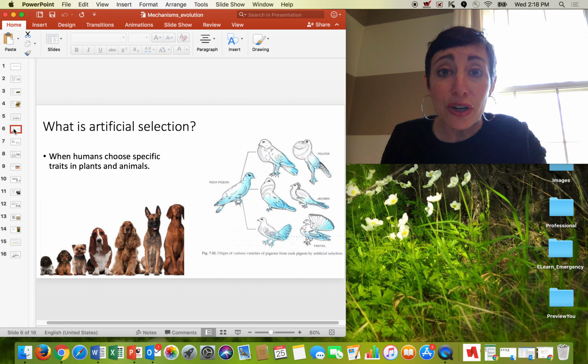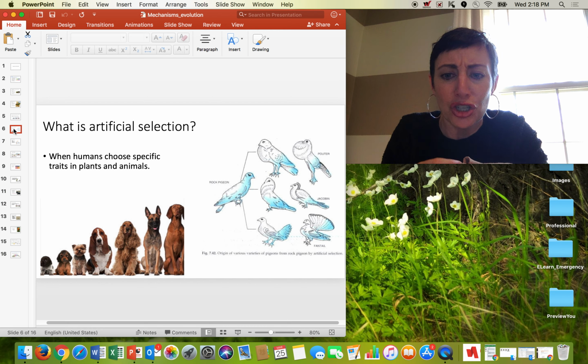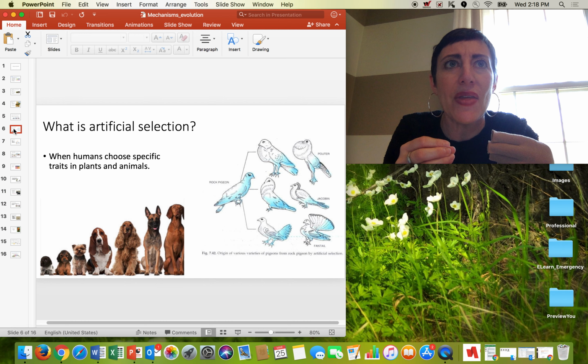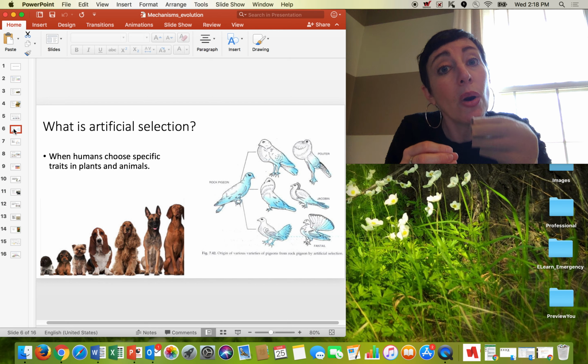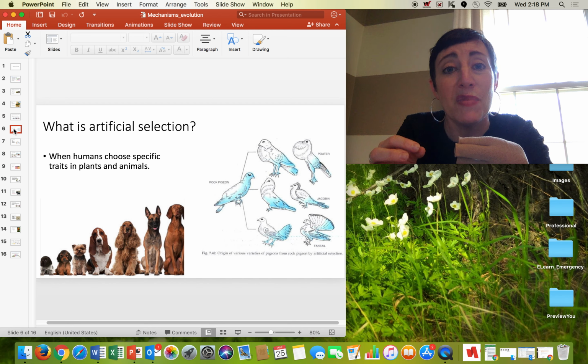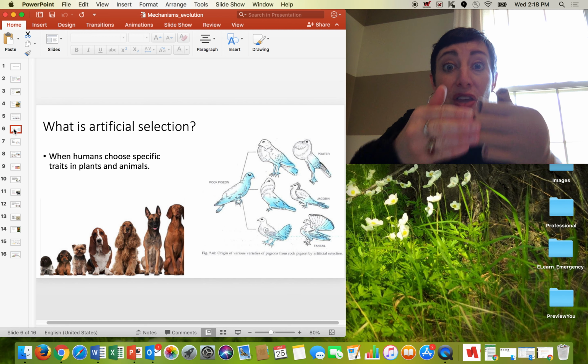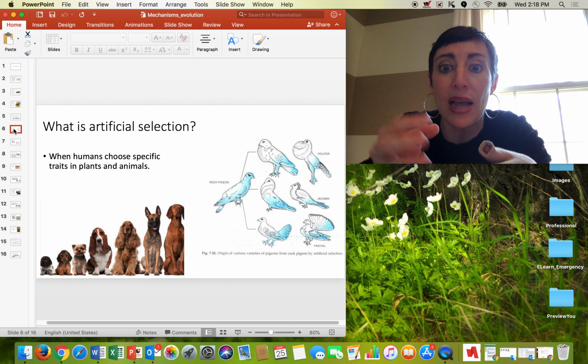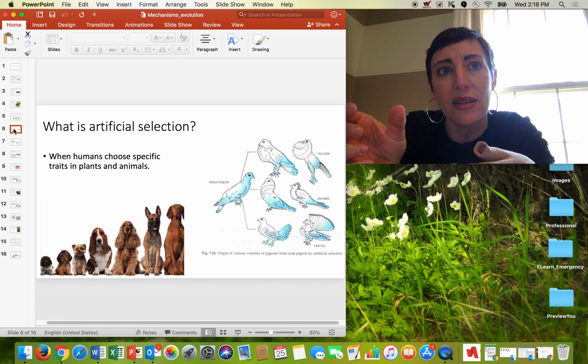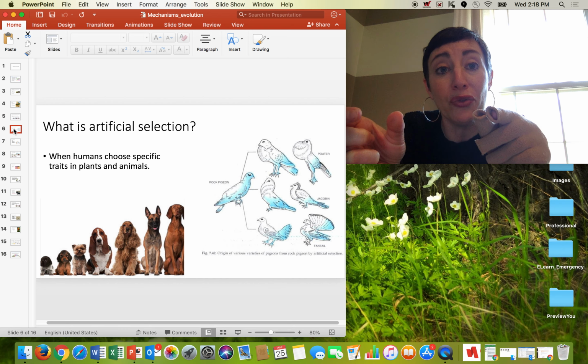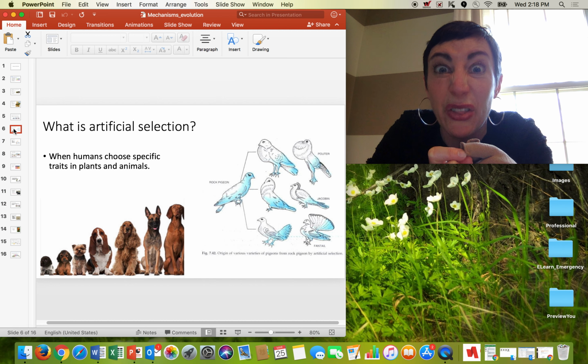For thousands of years, humans have taken wolves at the beginning and chosen traits that they wanted. Maybe they wanted a gentler dog, so they found a wolf that was more approachable and bred that wolf with another wolf that maybe had bigger muscles, and then we got the offspring, and then they were like, oh, we like this wolf because it's gentle, and we like this wolf because it's gentle but it has big muscles, and then we bred those together, brother and sister.